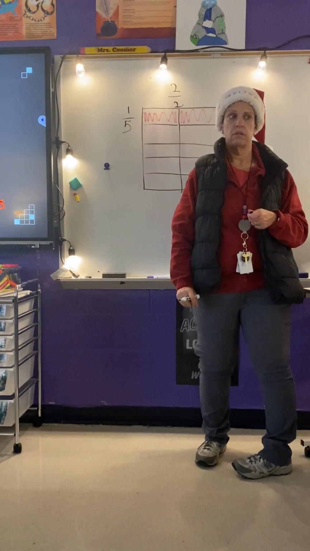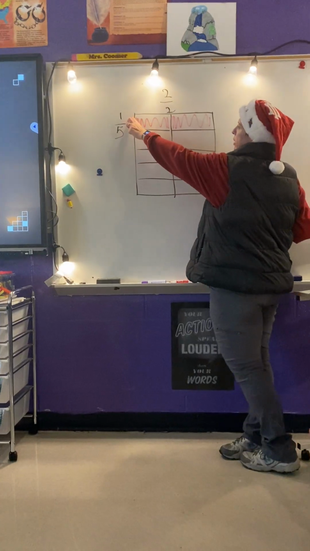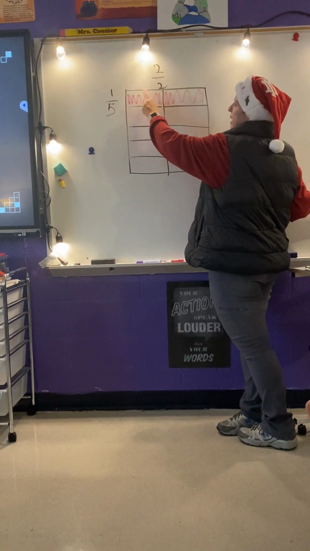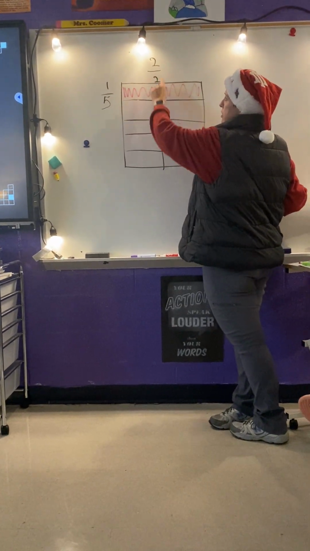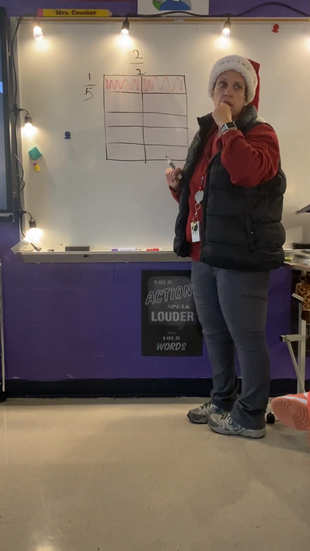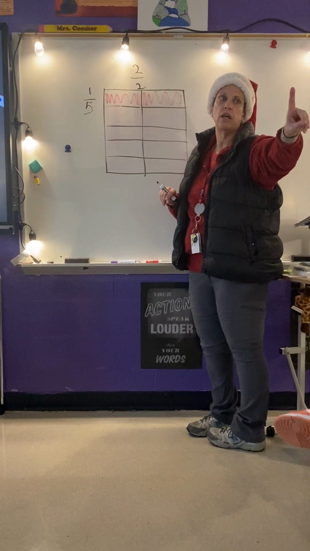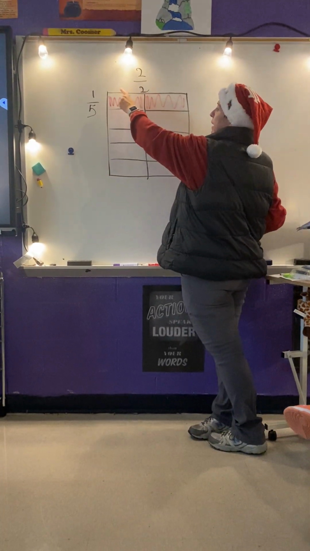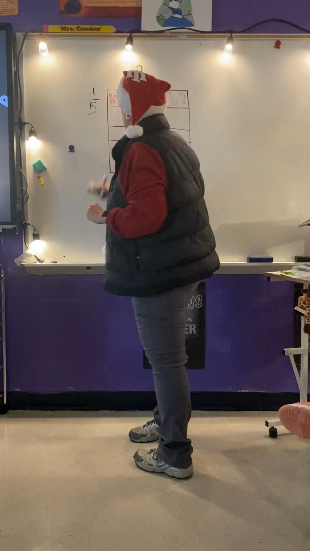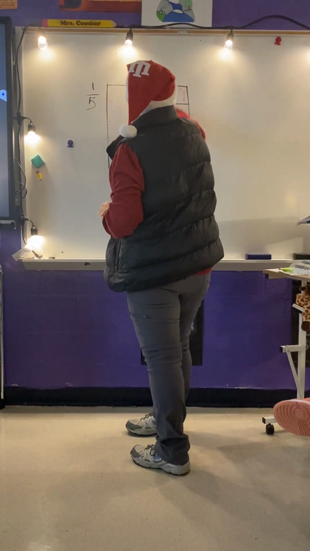Avery, you look confused. Look, Avery, it's 1/5 going down, but look, how many halves do I have, Avery? 2. So it's 2/2. 2 halves make a whole. We're not simplifying. Wait, I got another way to do it.